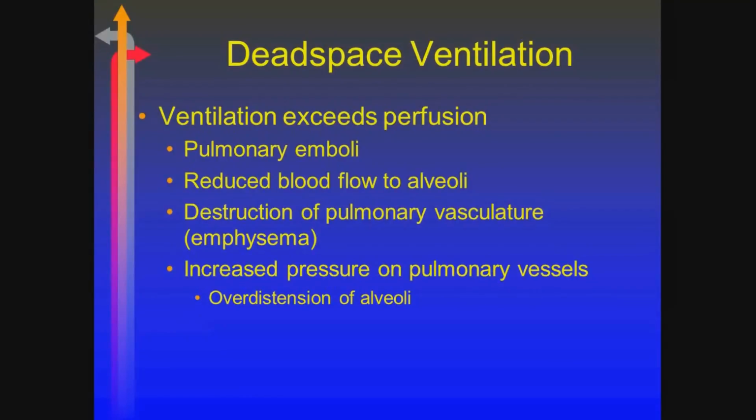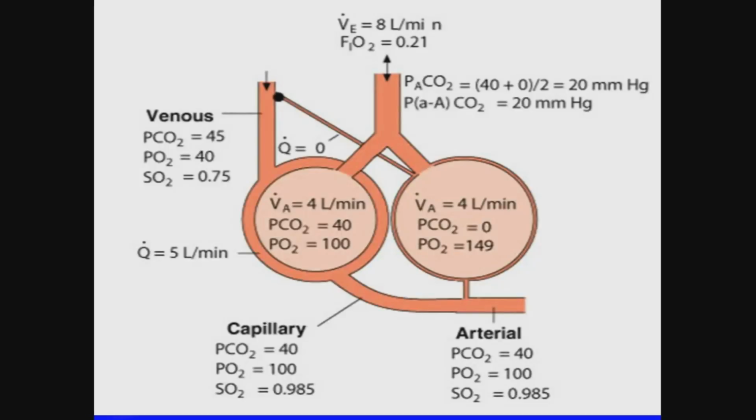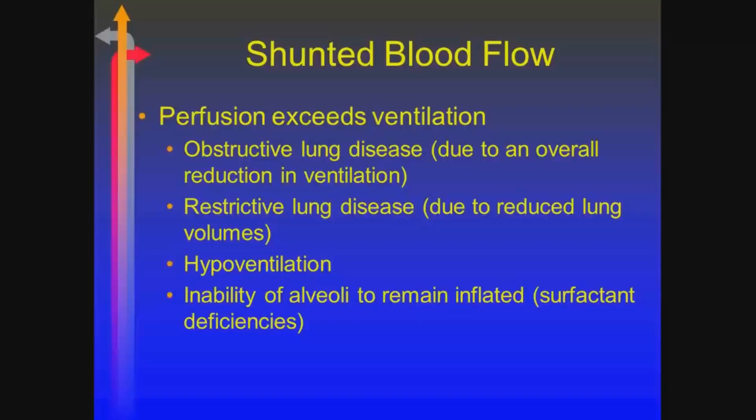You can also have that when you just have a reduction in overall blood flow, when we have destruction of the pulmonary vasculature, as we'll find happens in emphysema, and when you also have compression on those pulmonary capillaries due to increased alveolar pressure, as we see when we over-ventilate somebody. So in that situation, again, that obstruction is present.